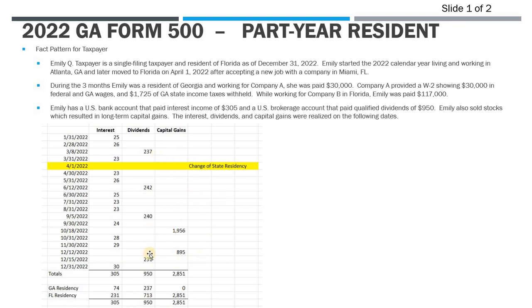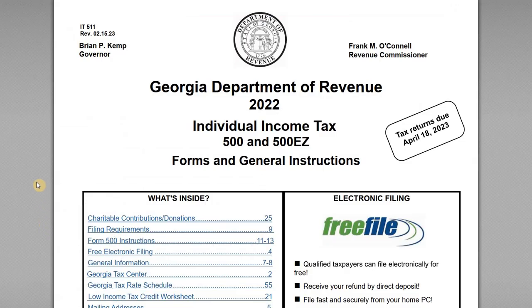So the capital gains weren't sold until October 2022 and December, and so that's clearly being realized when she's a Florida resident, so Georgia is not going to get any of that either. All right, and so the summary down here shows, okay, what amounts are paid while a Georgia resident, what amounts were paid as a Florida resident, and so this will help us complete the Schedule 3 on the Georgia return.